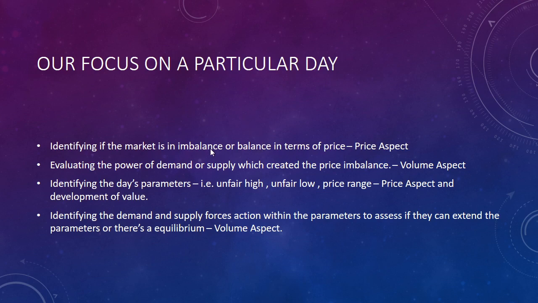Why? If the market is in imbalance, we want to follow the trend, the imbalance direction. Because there is already an imbalance, we will have to follow it, whether it is buying or selling. We go with the flow of the market.